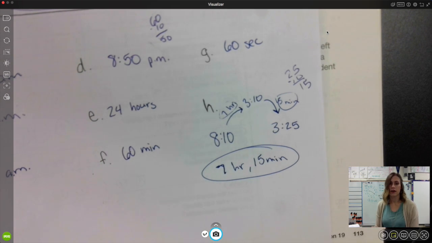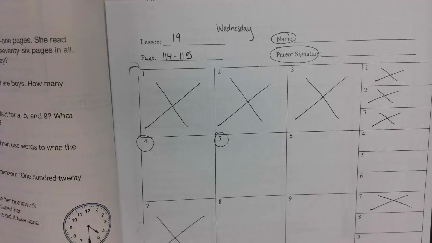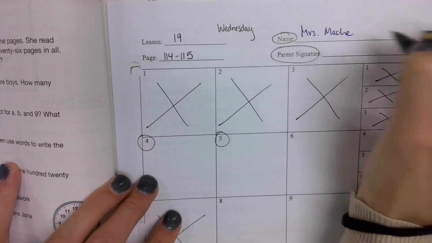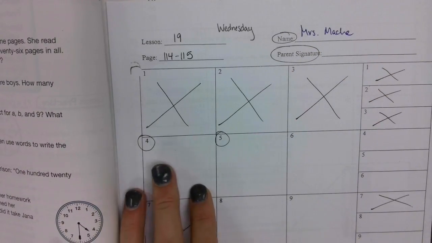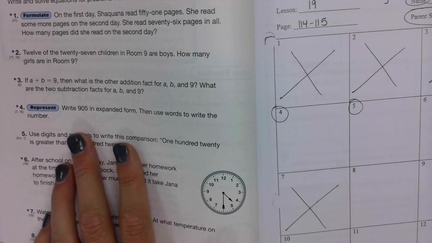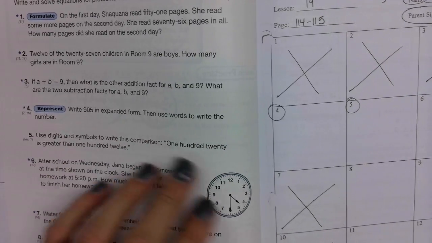Let's jump into some of our lesson problems together. Let's get after some problems for lesson 19. Make sure you got your name on the top. Then we're going to get after number 4 first. Number 4 says write 905 in expanded form, then use words to write the number.